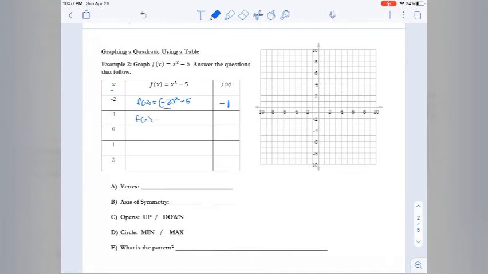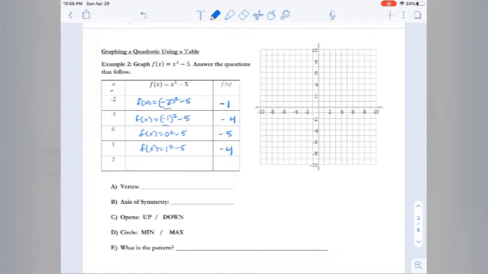F of x equals -1 squared minus 5. Well, -1 squared is 1. Minus 5 is -4. F of x equals 0 squared minus 5. 0 minus 5 is -5. F of x equals 1 squared minus 5. 1 squared is 1, minus 5 is -4.